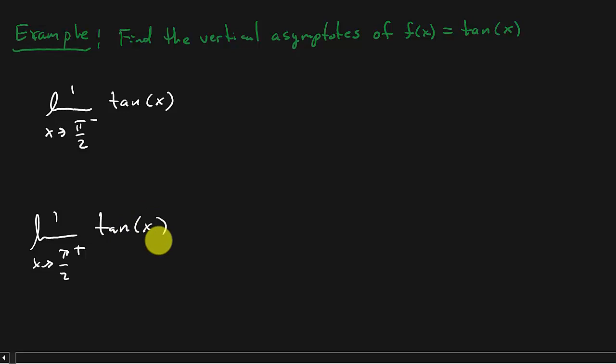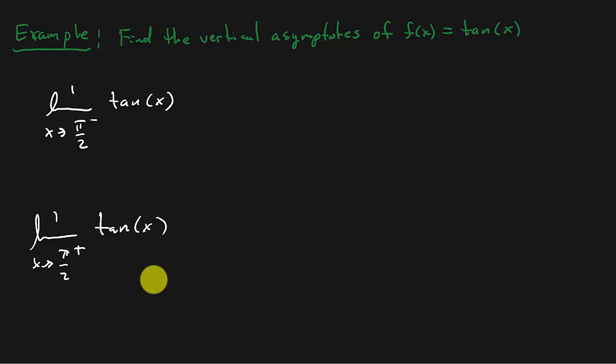All right, so what's the limit? Well, we know what the graph looks like. We know as we're coming into pi over 2 from the left, that would go to infinity. From the right would go to negative infinity. But let's look at it a little differently.